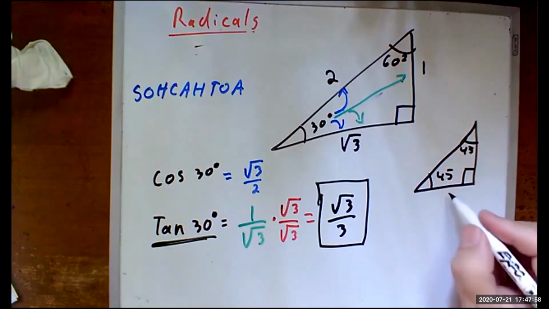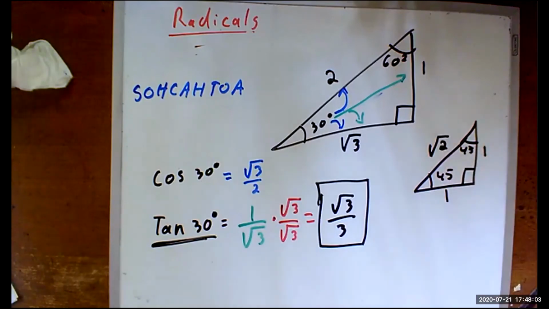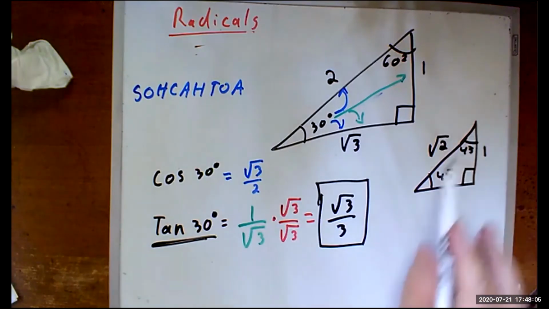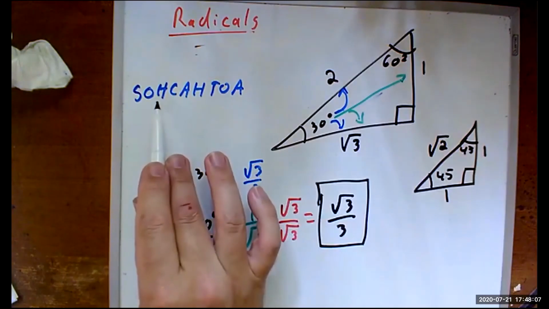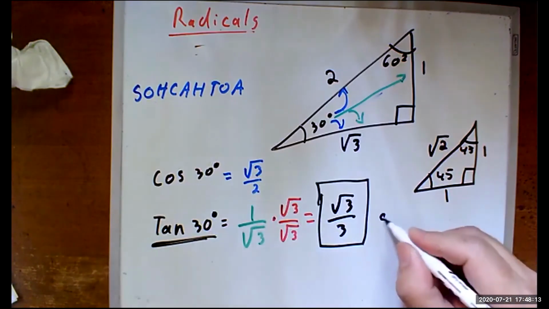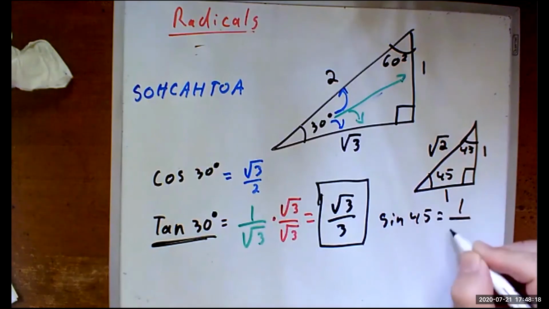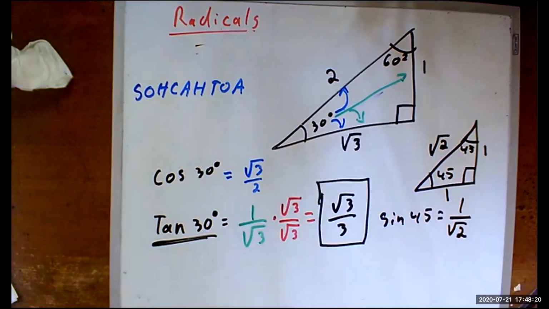Okay, and the same thing holds with your other special triangle, your 45-45 triangle. That's 1, and that's the square root of 2. That's your hypotenuse, which means that for the sine of 45 and for the cosine of 45, you would end up with your radical on the bottom.